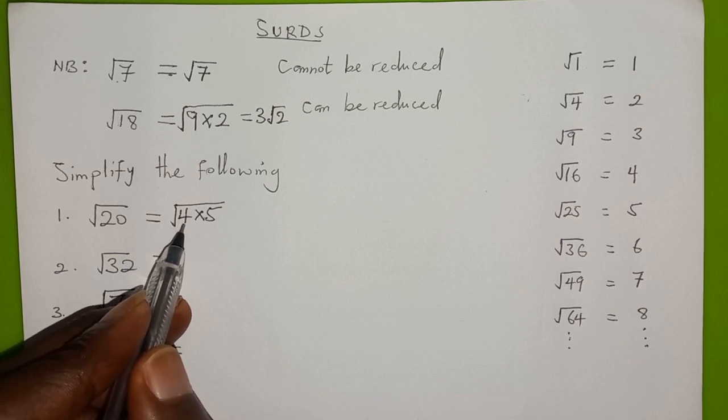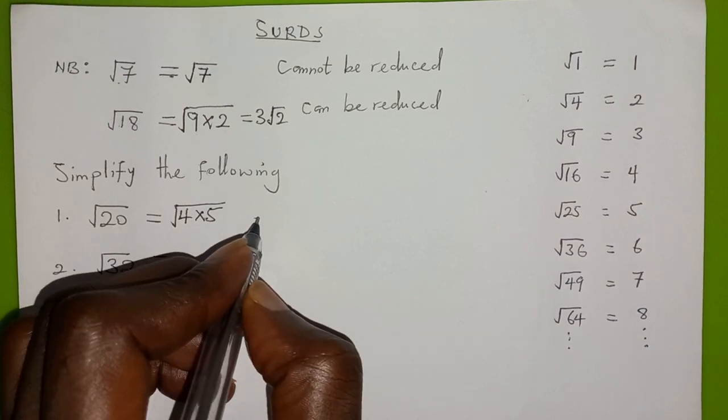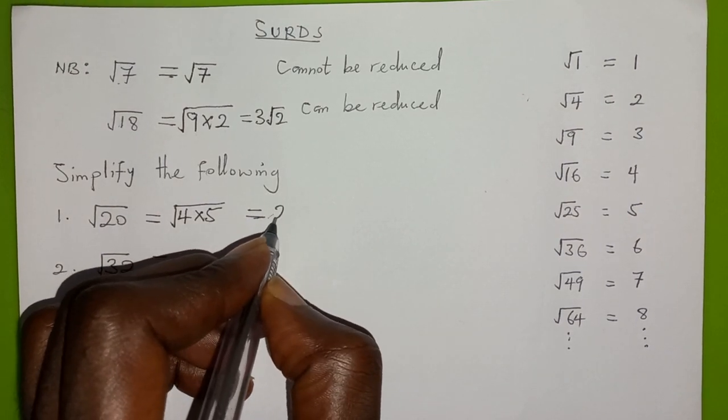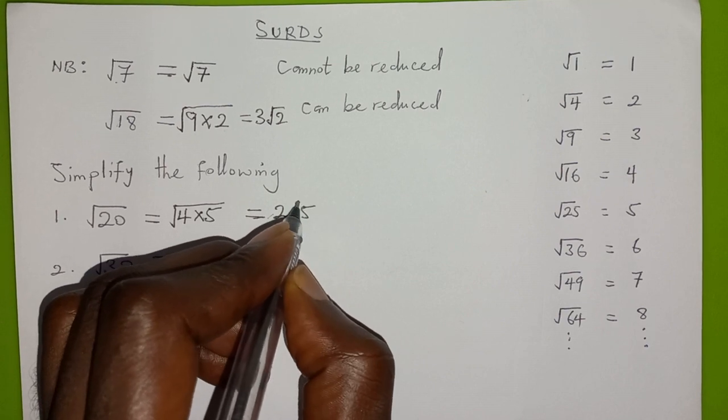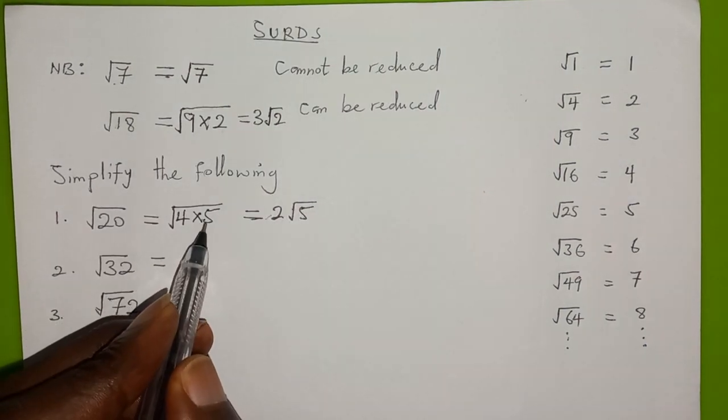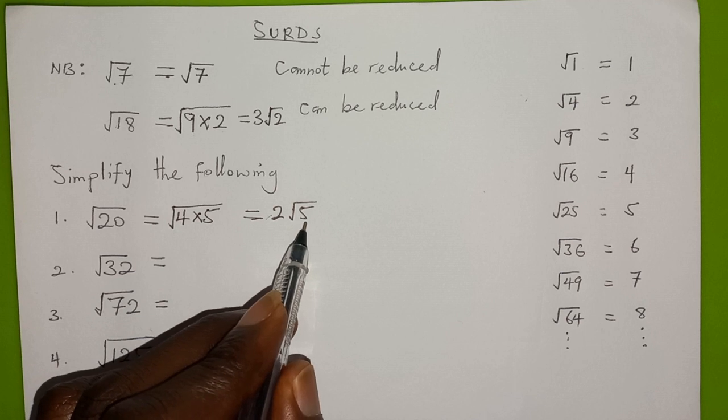The root of 4 is 2. So finally, this is the same as 2 root 5. The root of 5 cannot be reduced, so we have to maintain it.